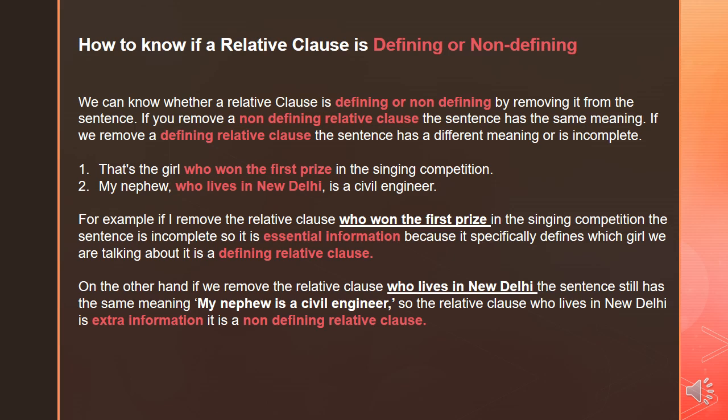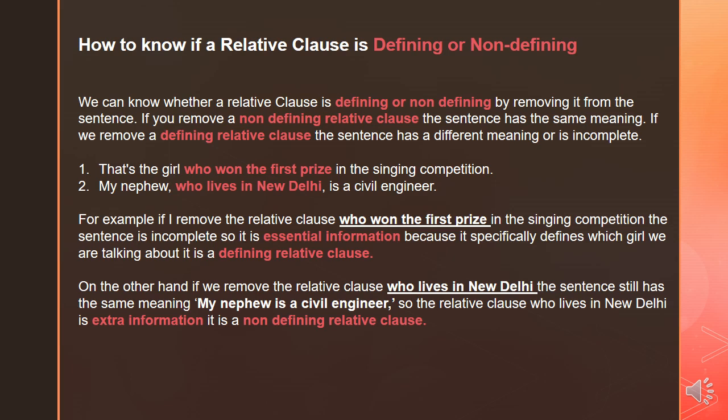The first example, the girl who won the first prize in the singing competition. That's the girl who won the first prize in the singing competition. Second sentence, my nephew who lives in New Delhi is a civil engineer.